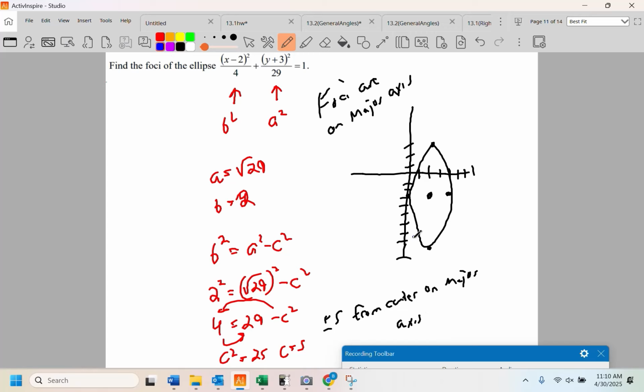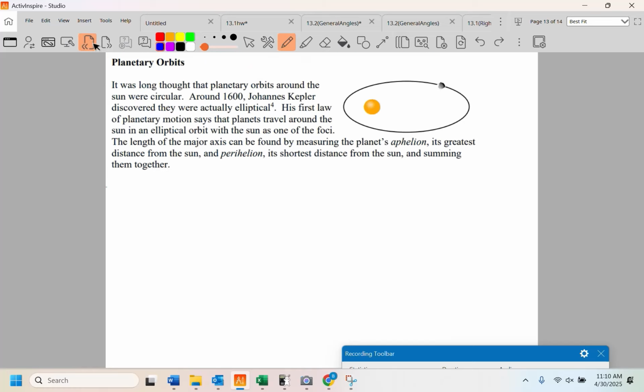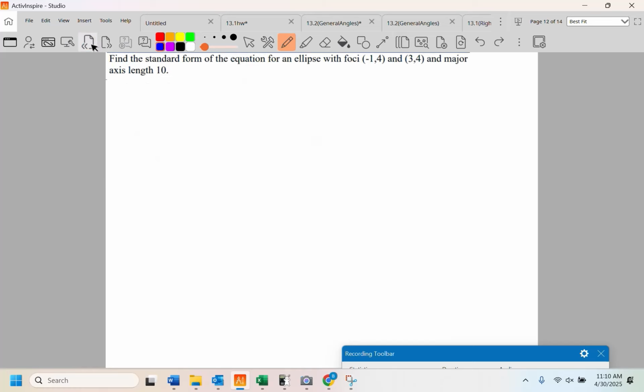So it'll be about right there and about right there. So they're going to be at 2, 2, and 2, negative 8. What we got left? These are taking longer than I thought. I don't have a lot of time left.